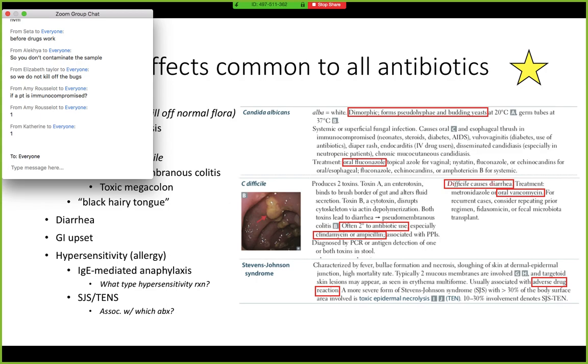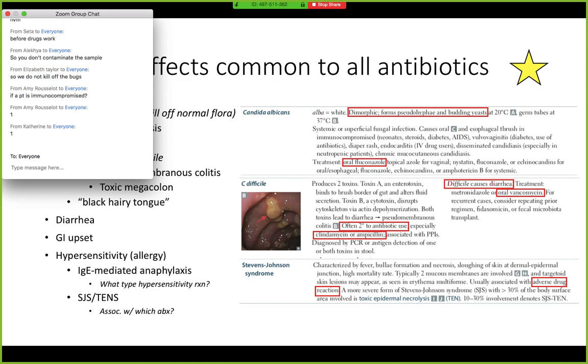Another drug-related reaction is Stevens-Johnson syndrome. Do you guys remember which antibiotics she talked about are associated with Stevens-Johnson? That's going to be your sulfonamides. That's the one that she really focused on. But if you look in board resources, it's also going to tell you that erythromycin is associated with Stevens-Johnson syndrome.